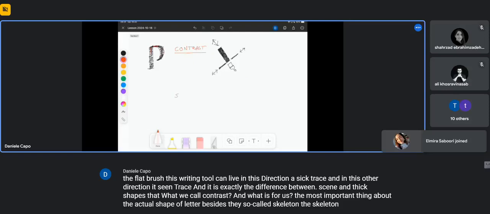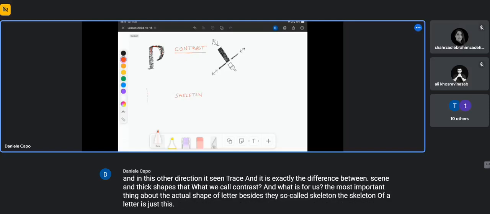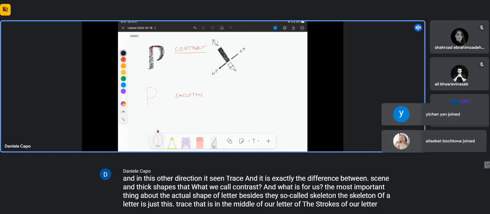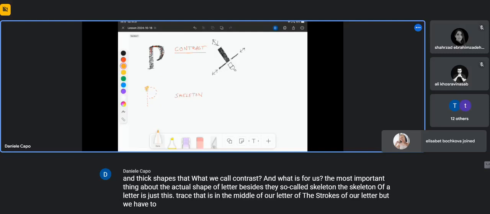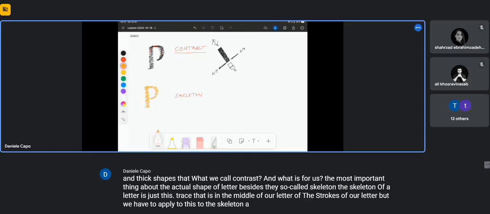The skeleton of a letter is just this trace that is in the middle of the strokes of our letter, but we have to apply to the skeleton a certain weight to form a letter.